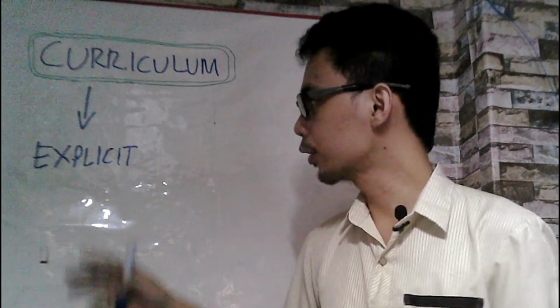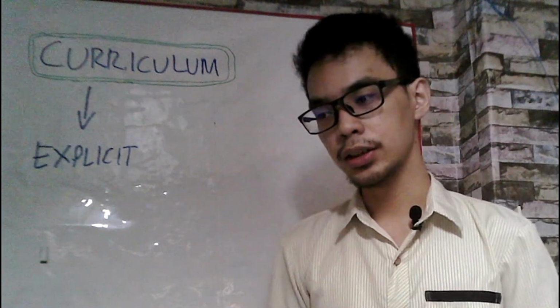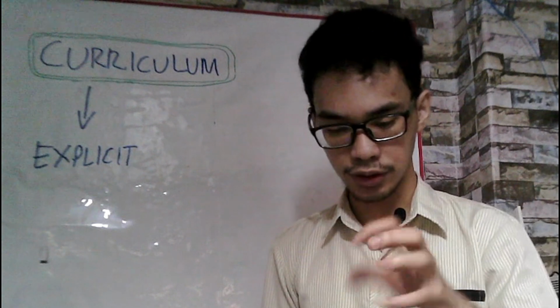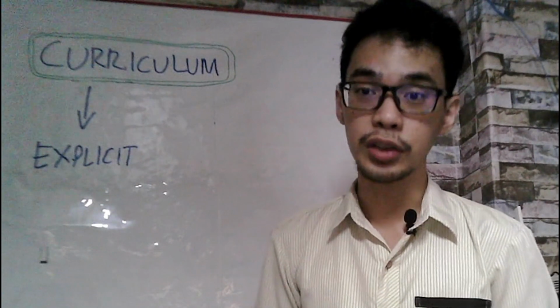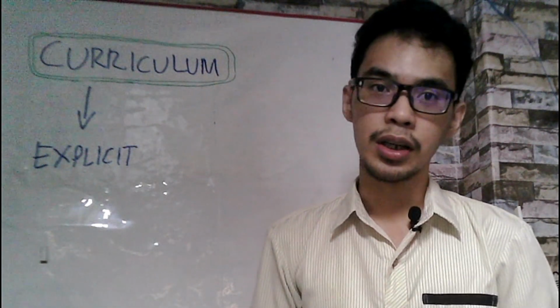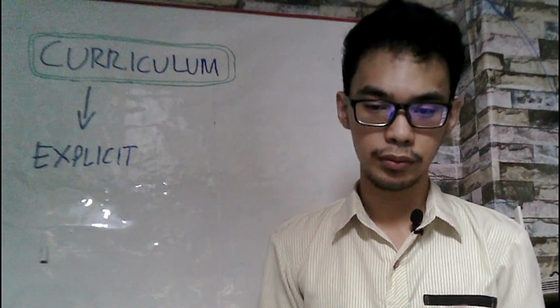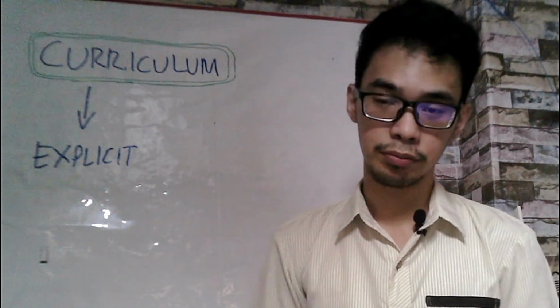But to give you the definition of explicit curriculum, well, it involves the various subjects which are to be taught to students, also the identified mission of the school, and the various topics in relation to it.